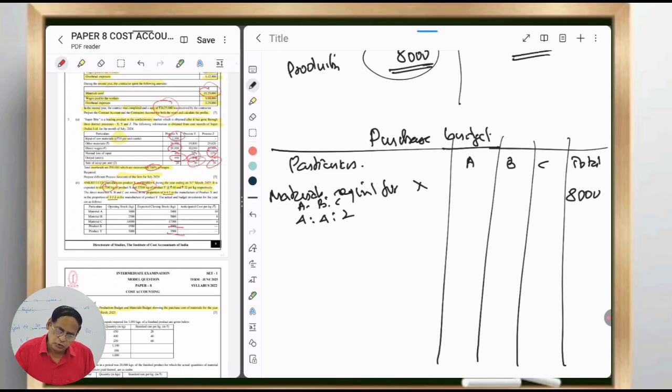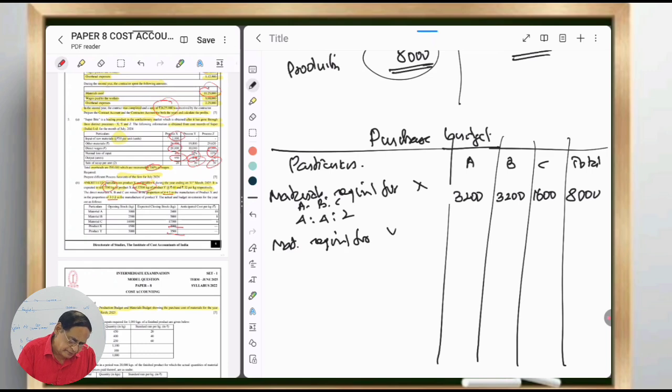That means 8,000 divided by 10 into 4, which is 3,200. So A material required is 3,200. B material also required is 3,200. And C is 1,600.